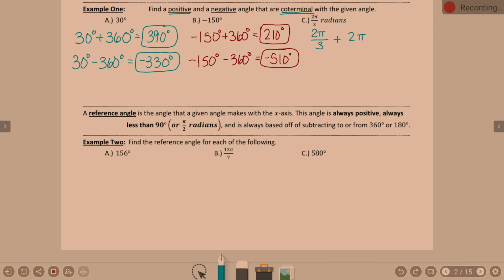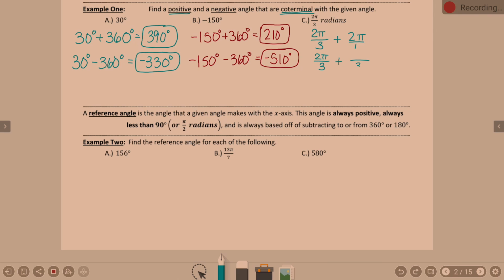That's one of the hardest parts of radians, I think, because A, we can't numerically place them, but then they're fractions. Okay? So in order to add 2 pi over 3 and 2 pi, we want to think common denominator. What's a common denominator here? 3.